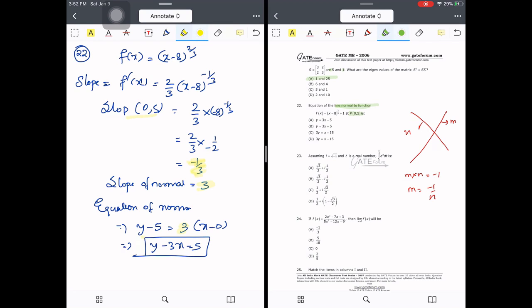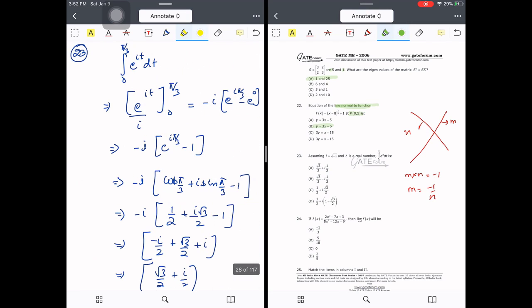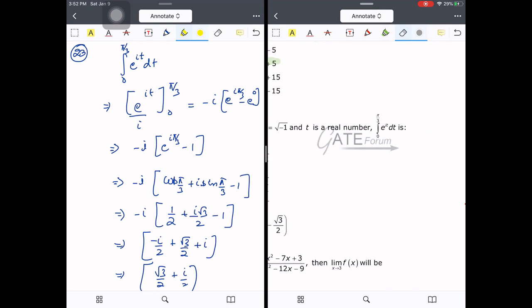Since it is also passing through the point (0, 5), y minus 5 is equal to 3 into (x minus 0). So the equation of the line will be y minus 3x is equal to 5, that is y is equal to 3x plus 5. Option B.